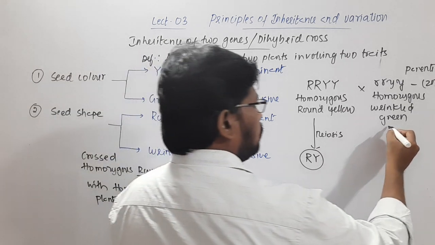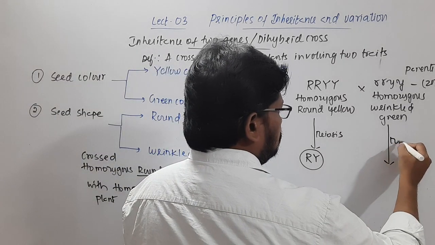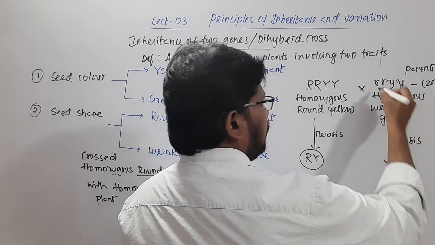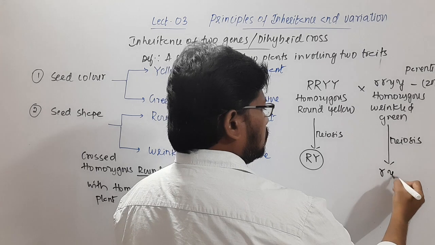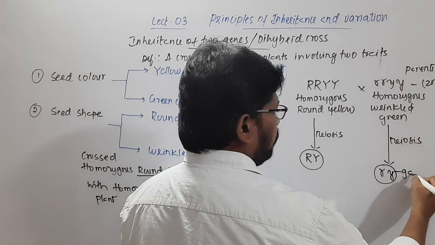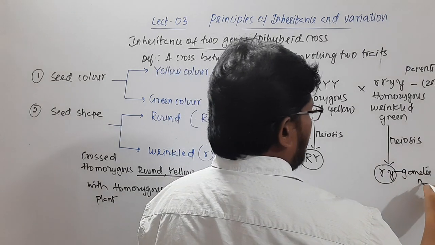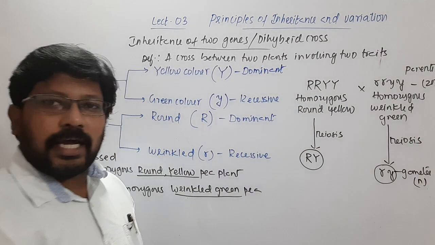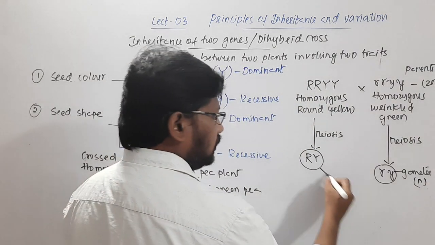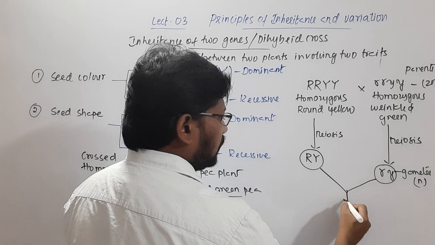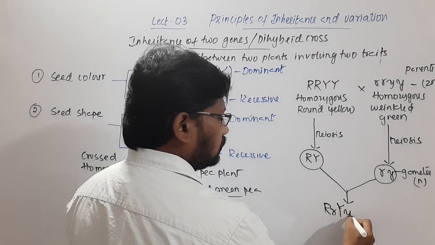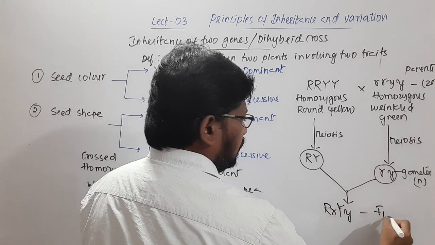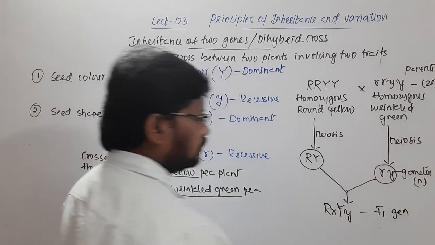Now here also the same, meiosis, and out of these two, one small r and one small y, and the gametes are haploid. Fertilization between these two gametes will result in the formation of capital R small r, capital Y small y, and this is the F1 generation.